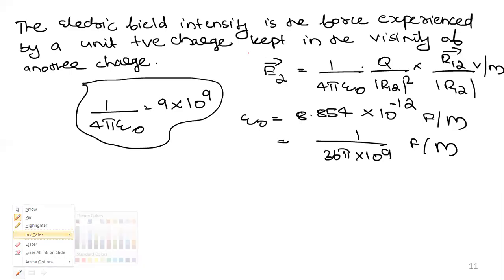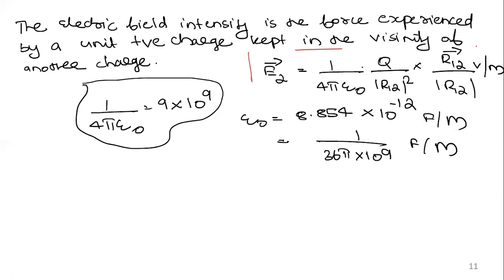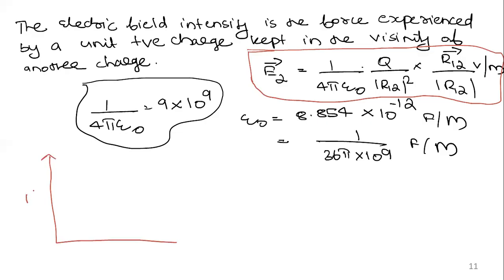So this is our main equation for electric field. We can go for a graphical representation also. If this is the electric field, and this is the distance R12, you can see that electric field is inversely proportional to the square of the distance.